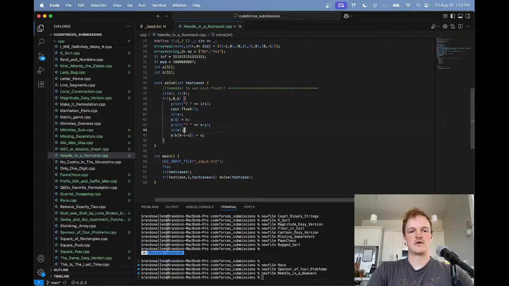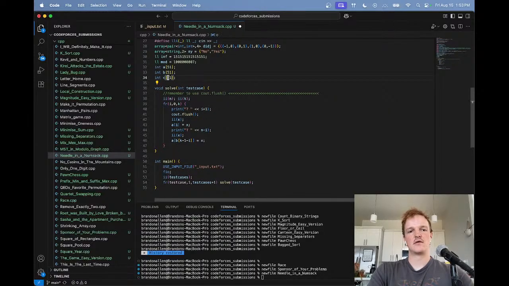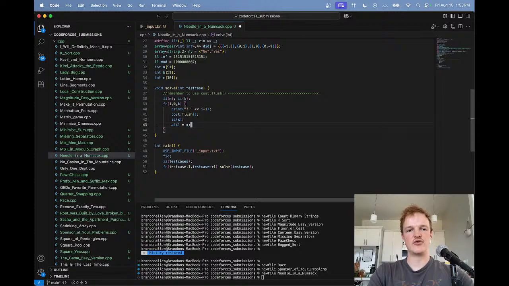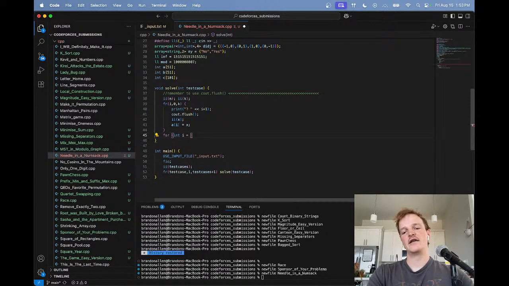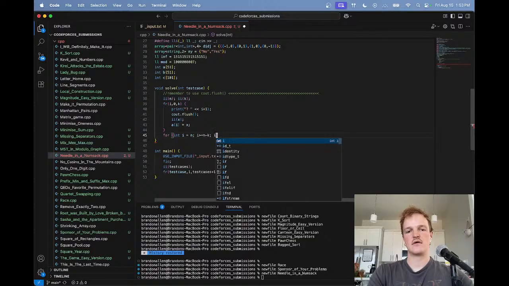Okay. I think what I want to do, because I'm going to have B and I'm going to have the buffer for B, that's going to be like 101. So I think what I really want to do is just do these separately. i is n. i is greater than or equal to n minus k. i minus minus.